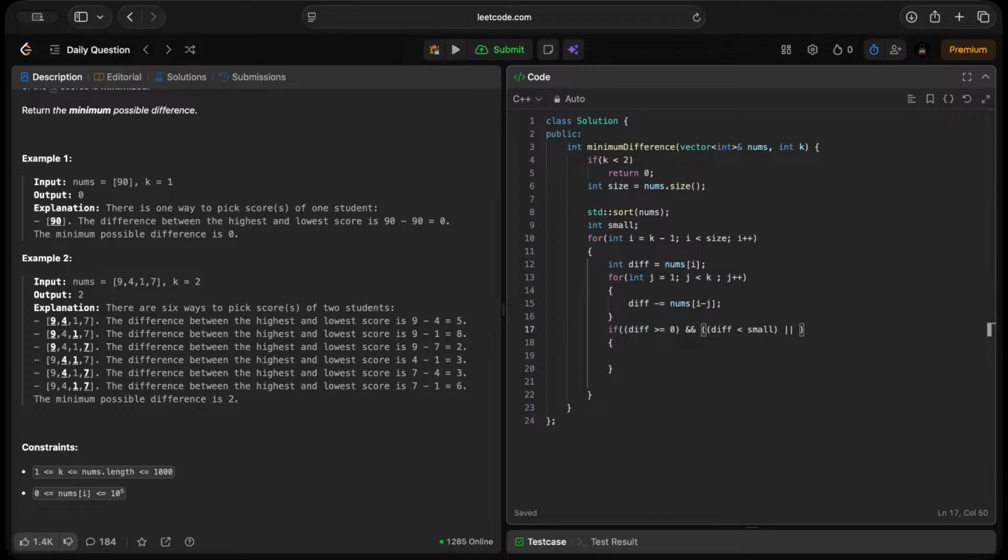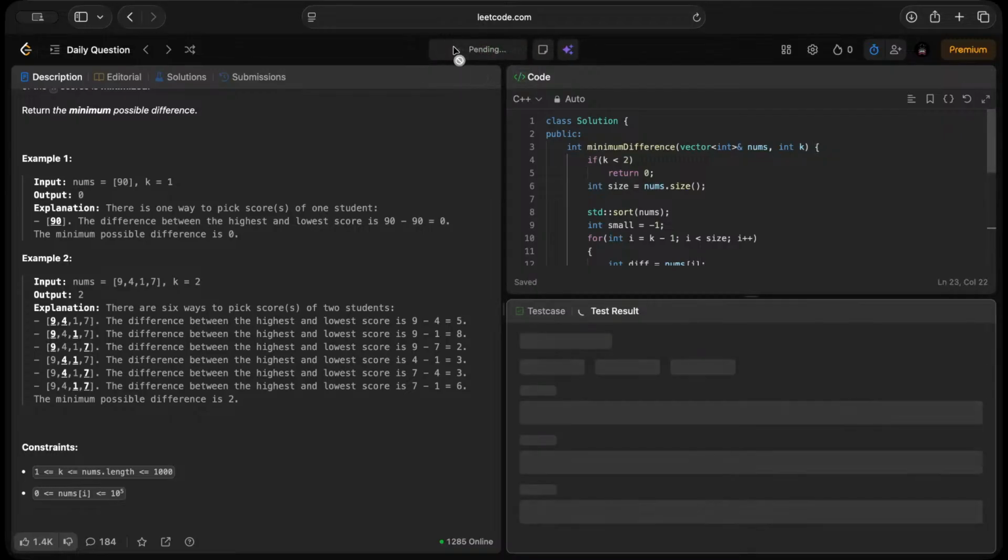Or we're just going to do this. Small equals -1. We're going to set this to -1 so we get the first correct value. And then that should be right.